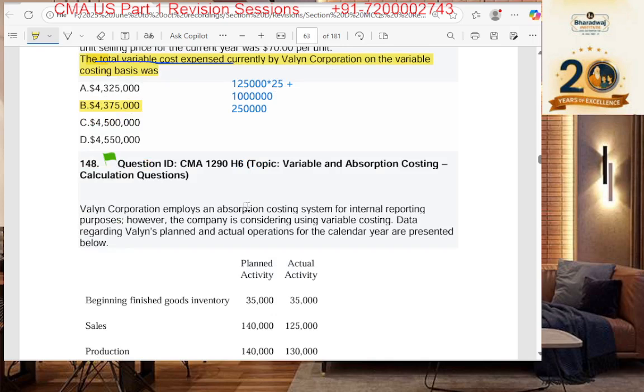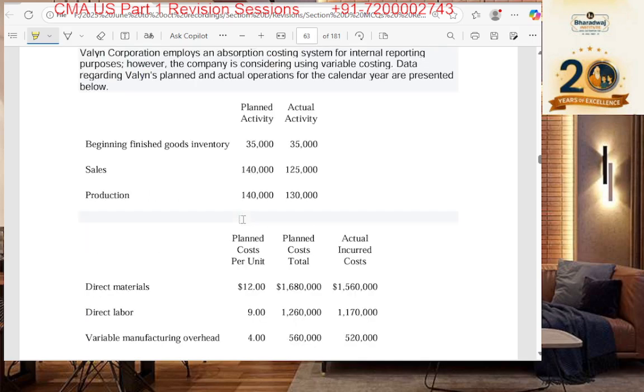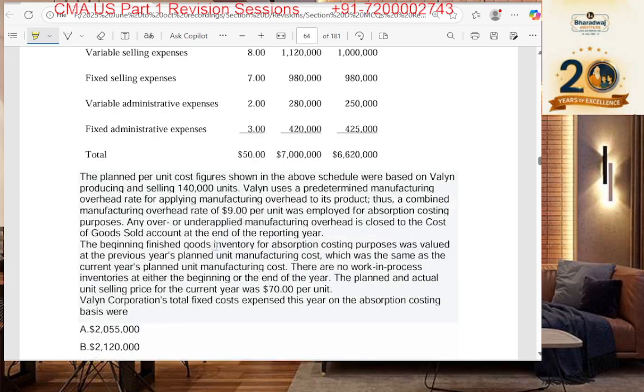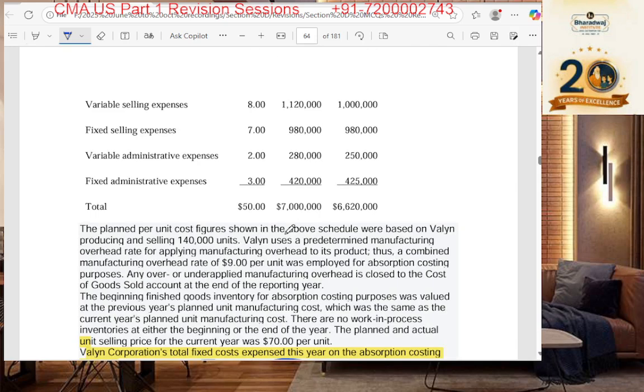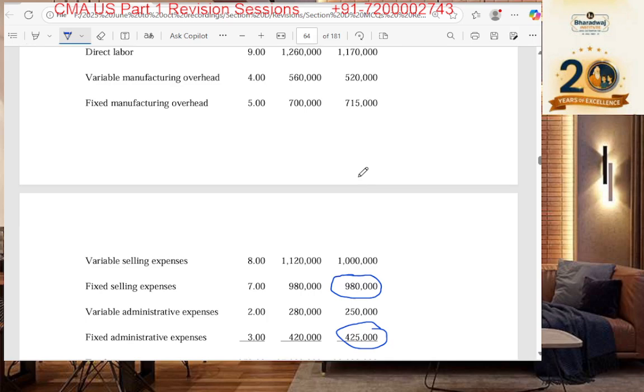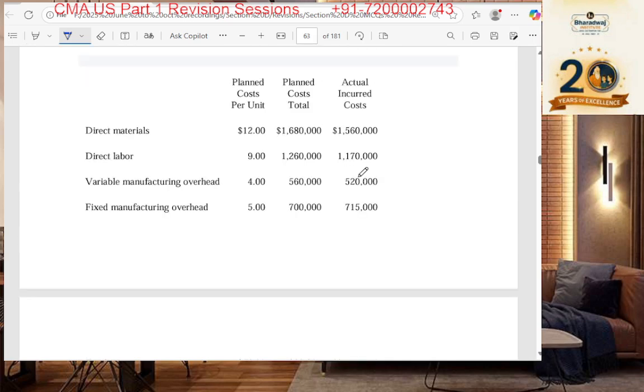Read the next one. Same data. Fixed cost expensed on absorption costing basis. They ask you total fixed cost expensed. It would have been done on fixed manufacturing overheads.